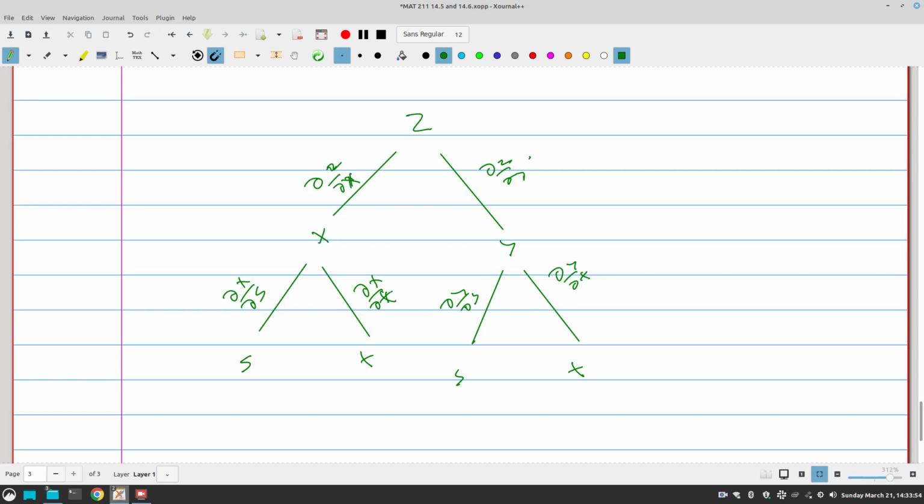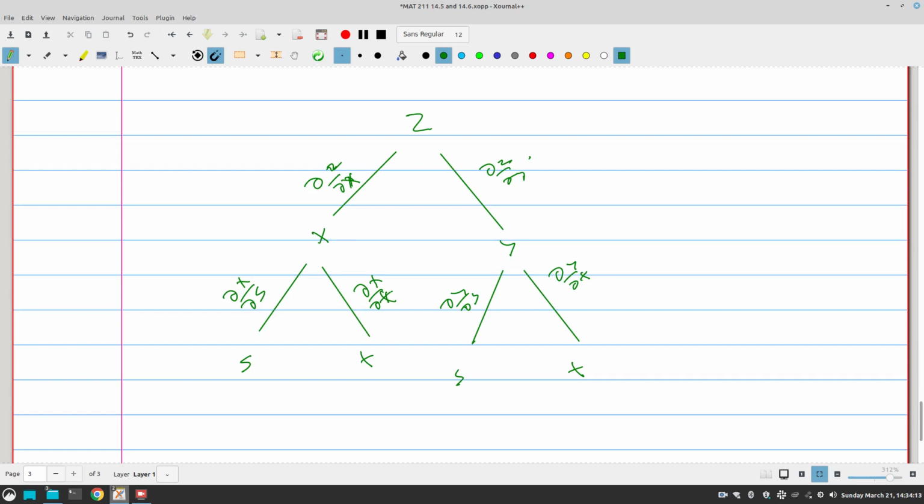So for example, we want to calculate dz over dt, where z equals e to the x sine y. And this example is again from the book.